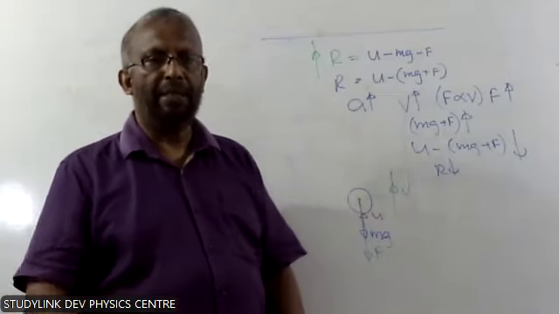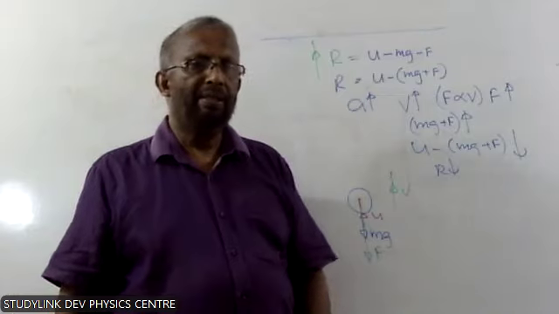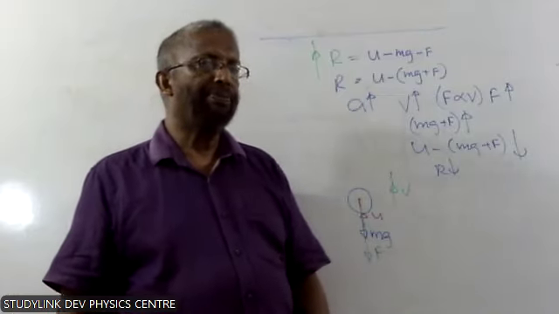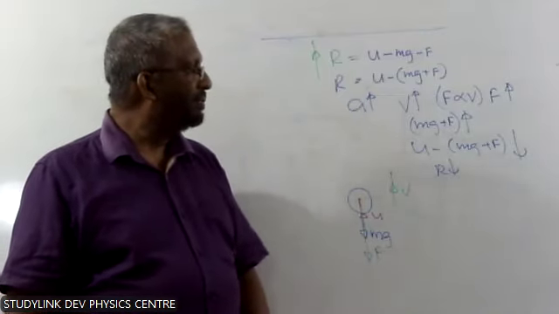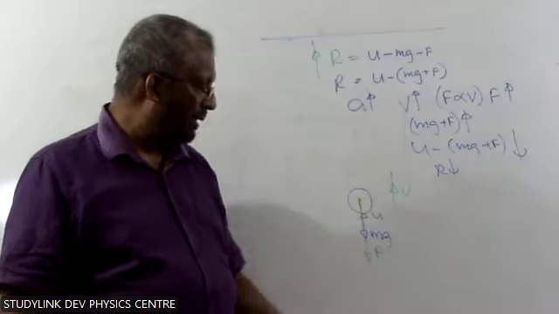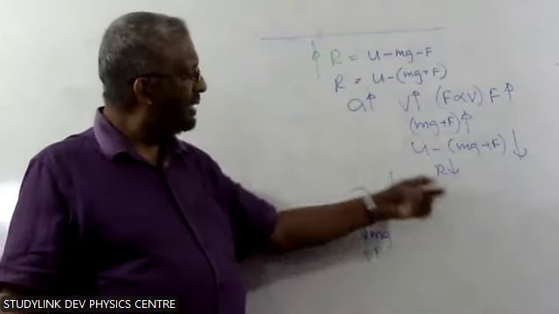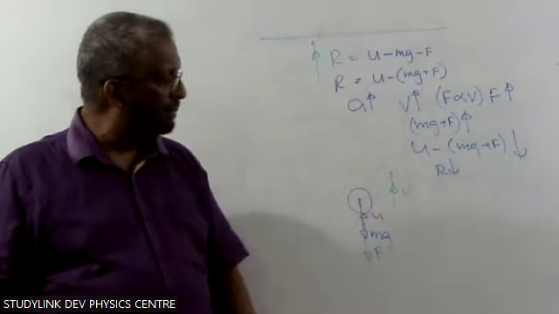This maximum velocity is called terminal velocity. Just draw this and note down up to this.